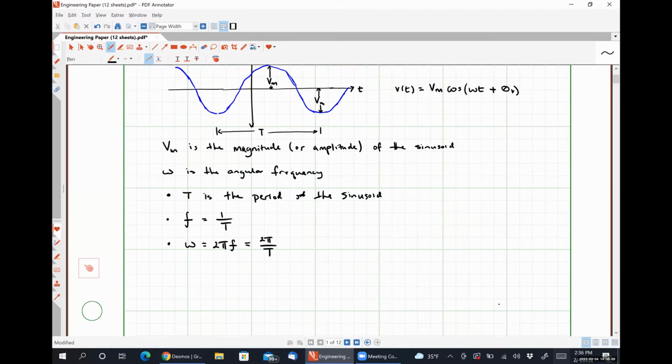The next bit that we need to look at is the phase angle, theta v.